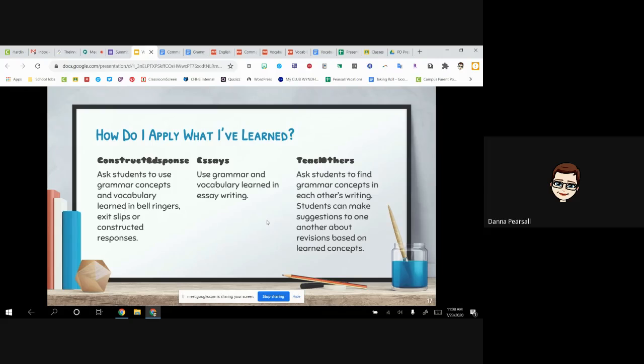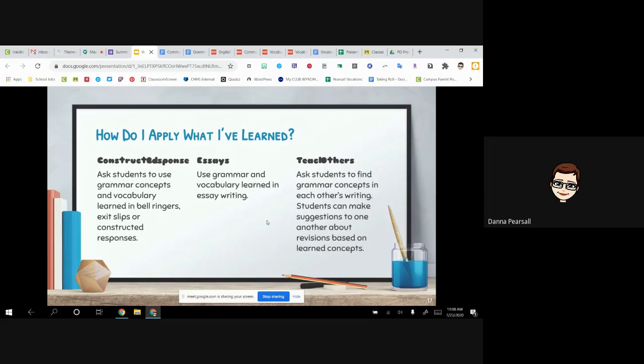I'll ask them to integrate one or two of their vocabulary words, and this could be their choice, into their constructed response. So not just testing these concepts on Friday and not looking at them for the rest of the week, but every day integrating them into what you're doing on a daily basis.